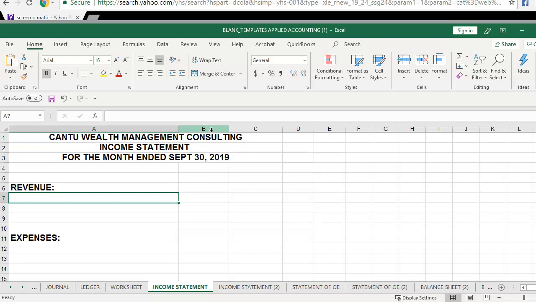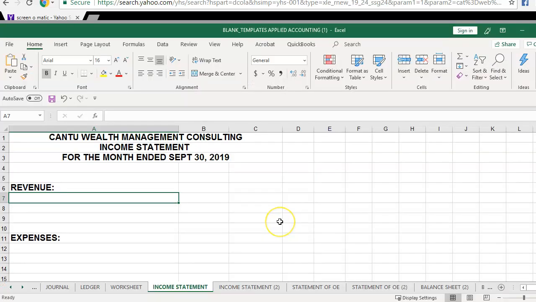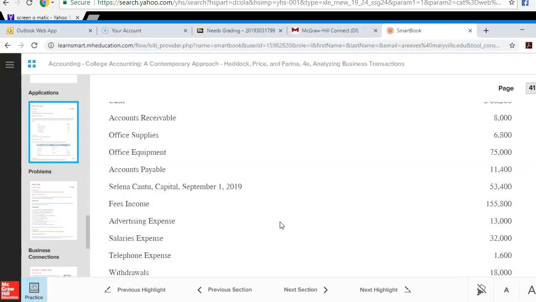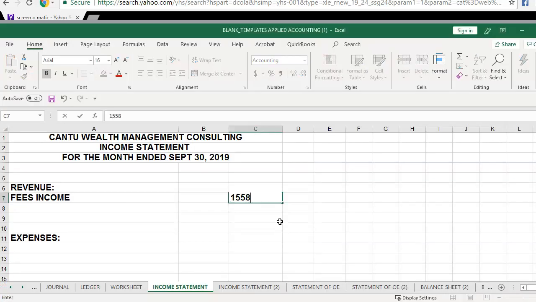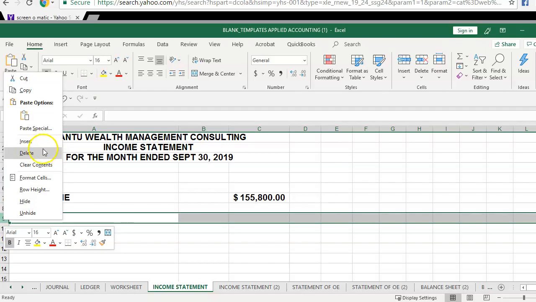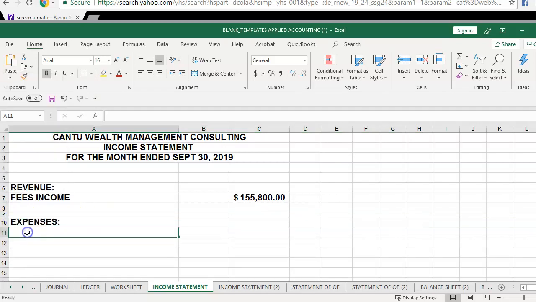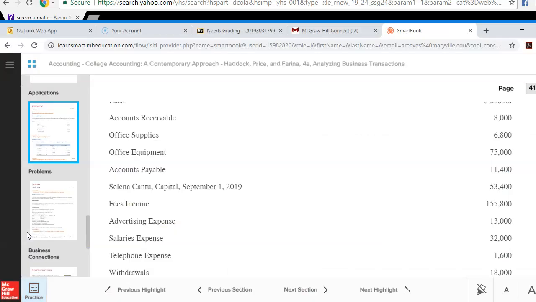The first section would be the revenue section, and we have the one revenue account title, which is going to be fees income. So I'll list my account title, and the amount is $155,800. That is the amount of revenue earned by this company during the month of September. Then we'll list all of our expense accounts.